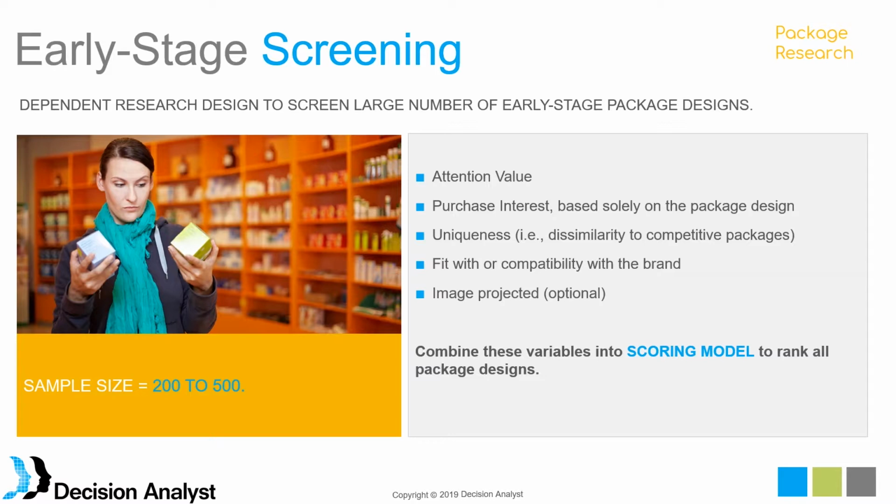That's what I mean by a dependent design. We typically have them go through and look at all of the designs, and then on the second time through, in randomized or rotated order to minimize position and order biases, we would have the respondents, the target audience consumers, rate each package on 4 or 5 things, no more.